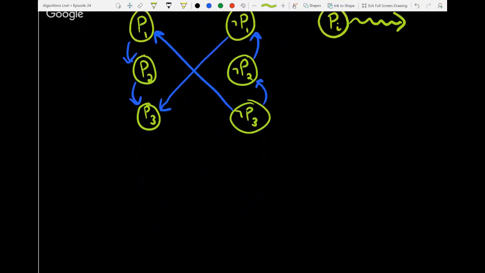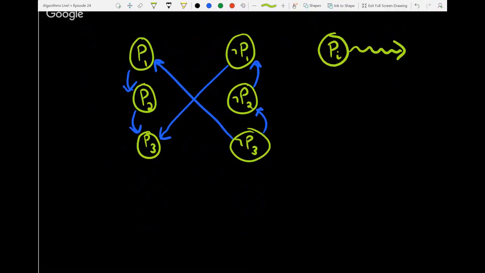So one cool thing is you'll notice that these things chain together, and you can just follow the chain down for reachability. So if we took not P3, for example, right here, we follow the implications, go to P1, go to P2, go to P3, then we know P3 is true. So we know that not P3 is true, and we know P3 is true. If both those things are true, then we have a contradiction.